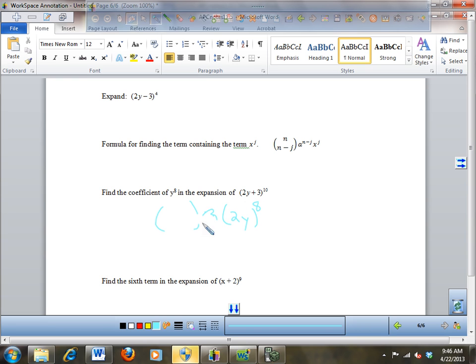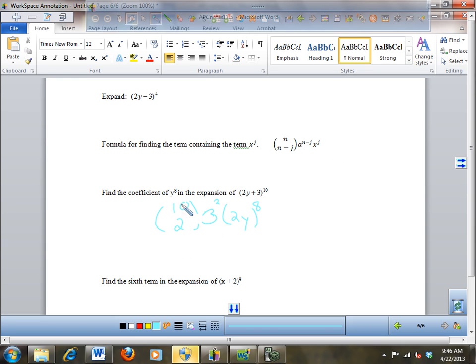So it's 3 raised to the 2, times 2y raised to the 8th, and up here goes 10, and down here goes n minus j, which is 10 minus 8, which is 2. Rather than write out the whole thing, you could just plug into this formula, but you have to know what things stand for.